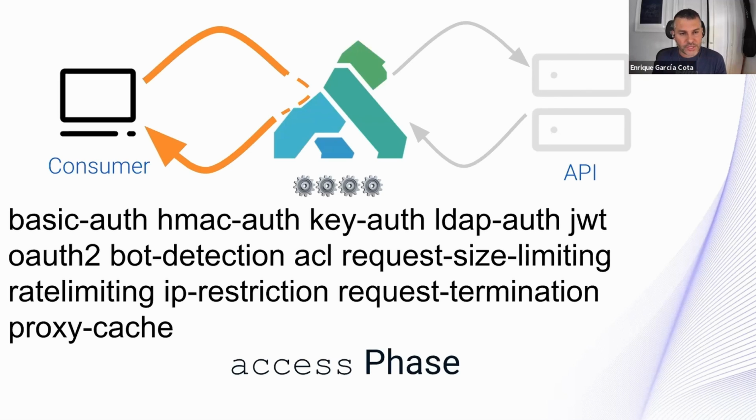But others like bot detection or IP restriction also help alleviate the traffic on the upstream and keep our customers happier without traffic that they don't want. Again, the most popular phase in this case is the access phase.